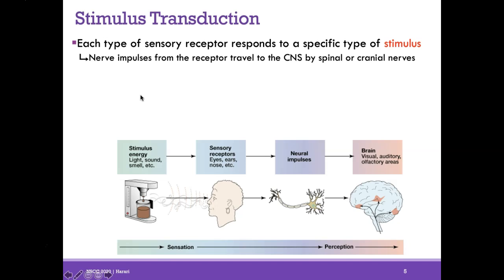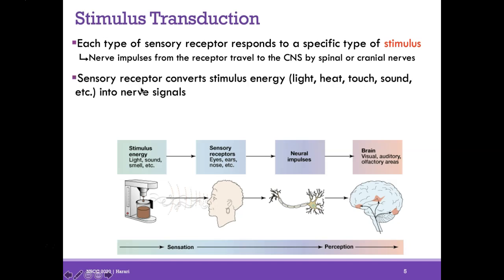So the first part is where the sensory receptor converts the stimulus energy into nerve signals. So the stimulus can be, let's say, a pattern of light. It can be heat. It could be sound waves. Those are stimuli, right? So it could be a sound or a smell. That's a stimulus.